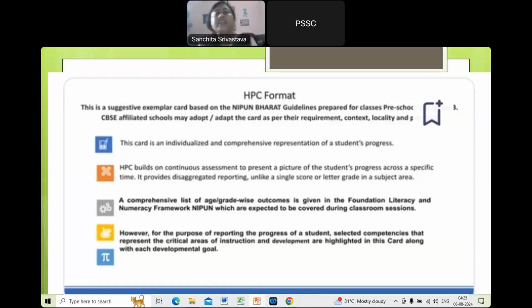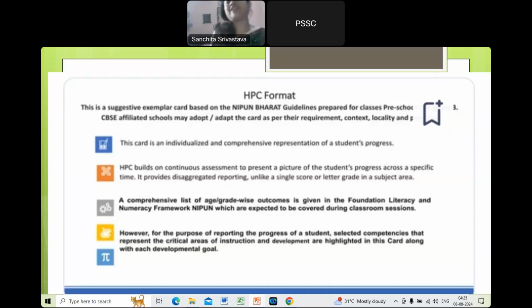Now a comprehensive list of age and grade wise outcomes is given in the Foundational Literacy and Numeracy framework, Nipun, which was expected to be covered during the classroom session. See, we don't need extra time. This time should be allotted and controlled within the classroom time only.